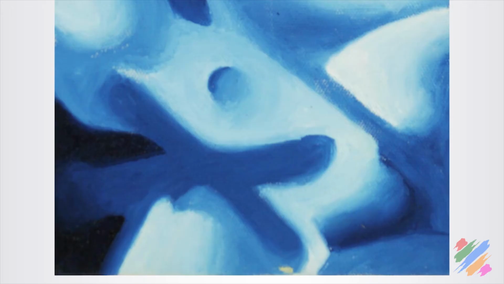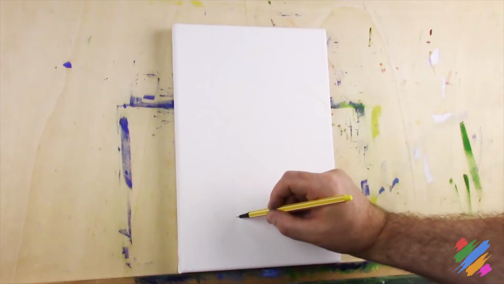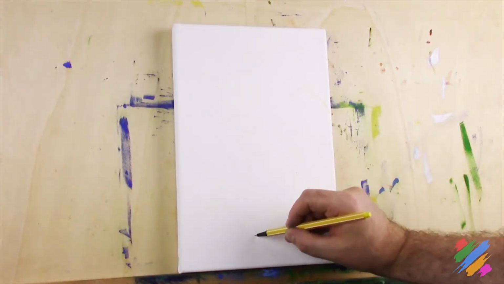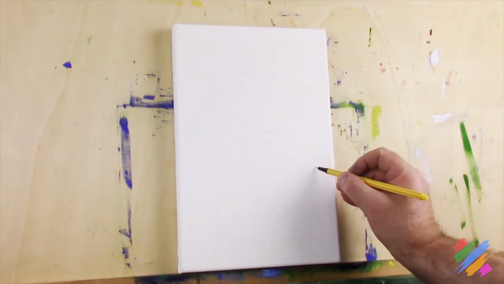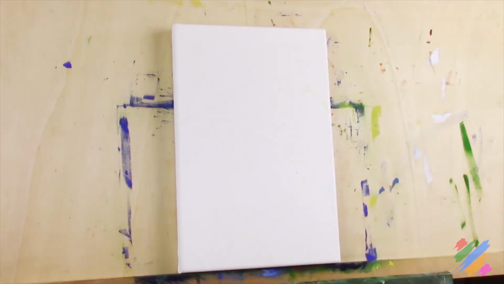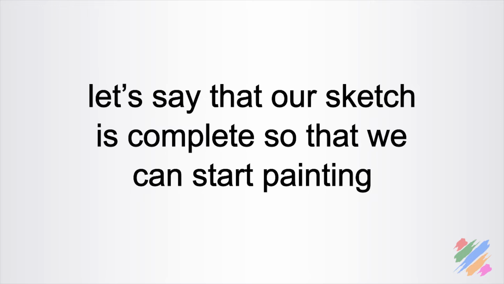In this area, the things are a little bit more complex because we have many things going on here. And it's probably much easier if we draw a couple of figures, one here, and we do the rest on the canvas later. Let's say that our sketch is complete so that we can start painting.